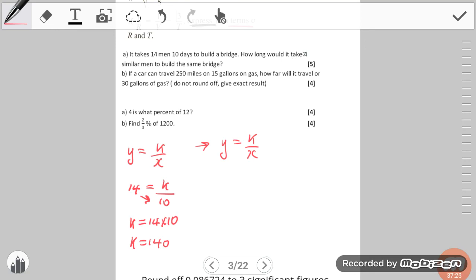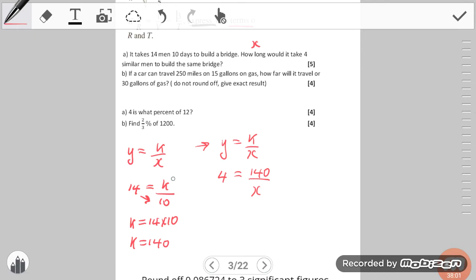You already know that 4 men will do it, and you want to know how long, which is x, because x will represent the number of days, and y will represent the amount of men. So you want to know how long it would take 4 men to do the similar job. So this time 4 is going to be equal to y, because y represents the amount of men. K is 140. And x is going to remain as x, because x is now representing how long it would take 4 men to do the same job.